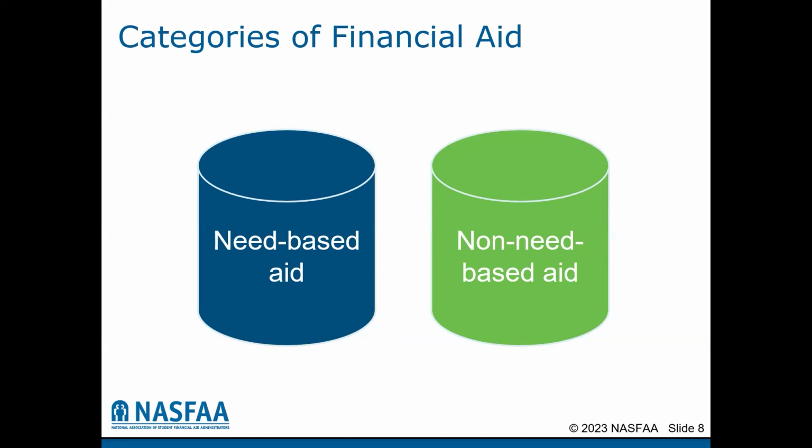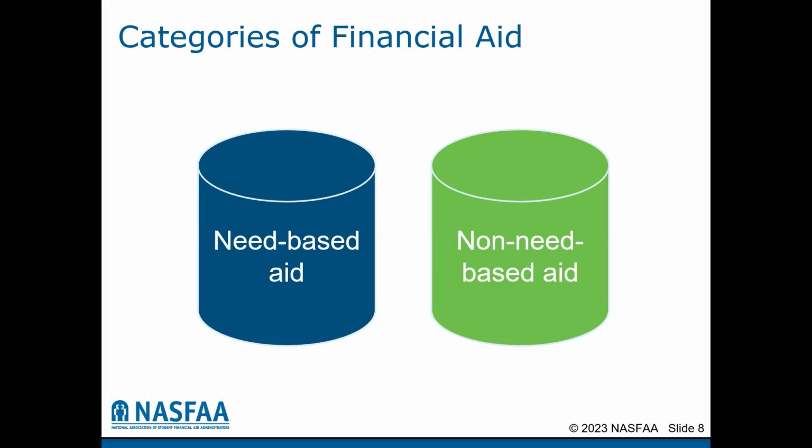A student demonstrates need through an analysis of their family's financial situation, generally through information provided on the FAFSA. Some schools may collect additional information to determine eligibility for any need-based dollars available through the school or programs.